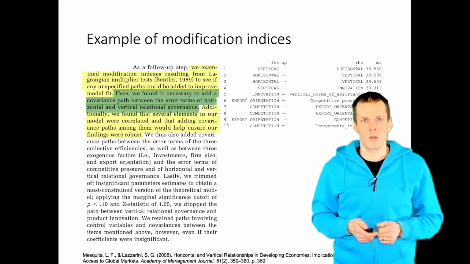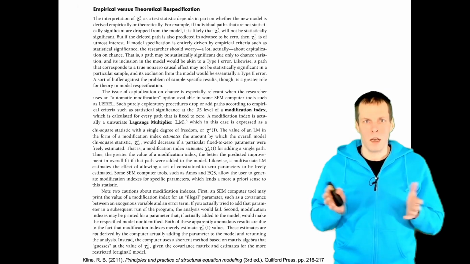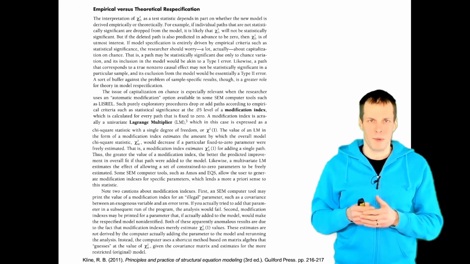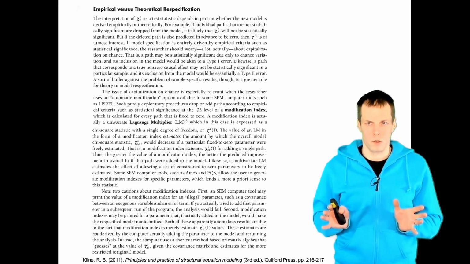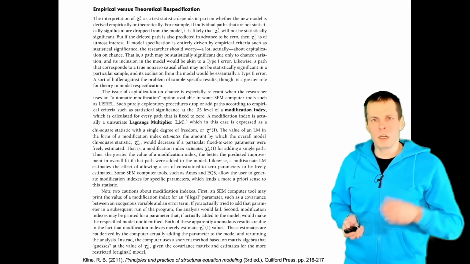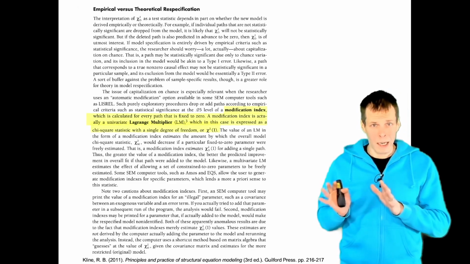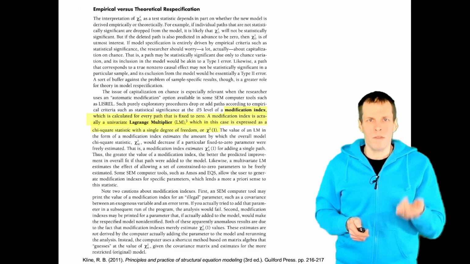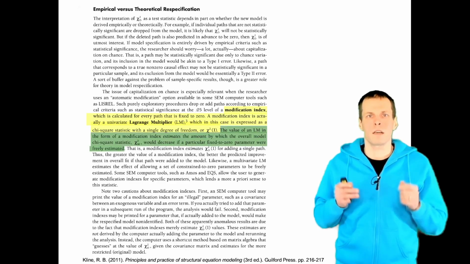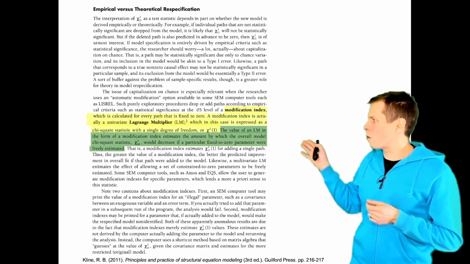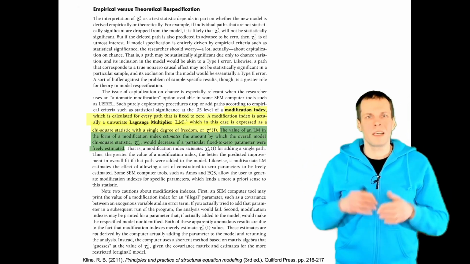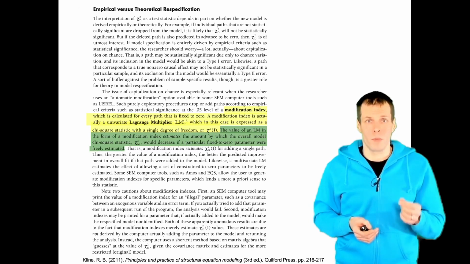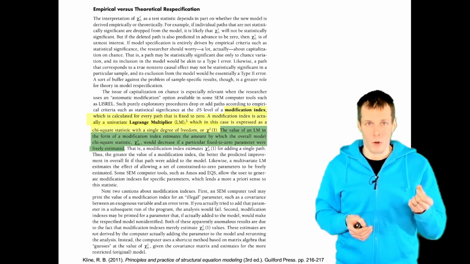Let's take a look at what modification indices do. Klein's SEM book provides a fairly accessible explanation of what modification indices do. They say that modification indices are also called LM tests, and they basically are univariate tests that tell us how much the chi-square of the overall model would decrease if we free one parameter that is constrained to be zero.